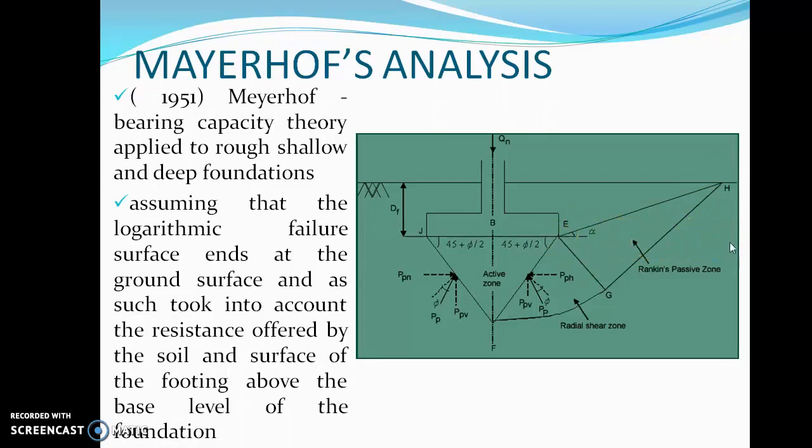So there are some very small differences between the two. Assuming that the logarithmic failure surface ends at the ground surface, he took into account the resistance offered by soil and surface of the footing above the base level of the foundation.